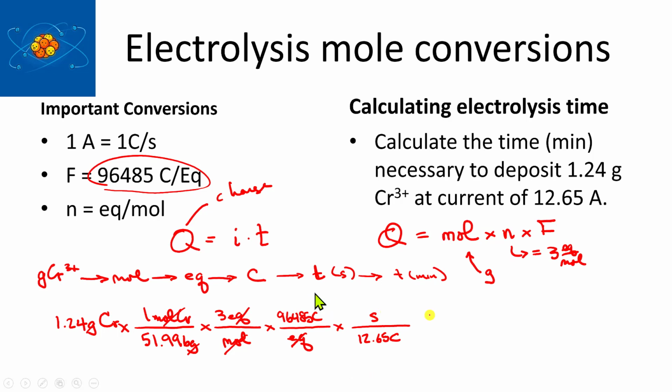And so now I'm at units of time. I usually tell people when you see a unit like amps, just like molarity, write out what it is. Like right here in the problem, say coulombs per second. So that'll help you understand how you're going to use that as you're doing the problem. And then I need 60 seconds in a minute. And so that comes out to be 9.10 minutes.